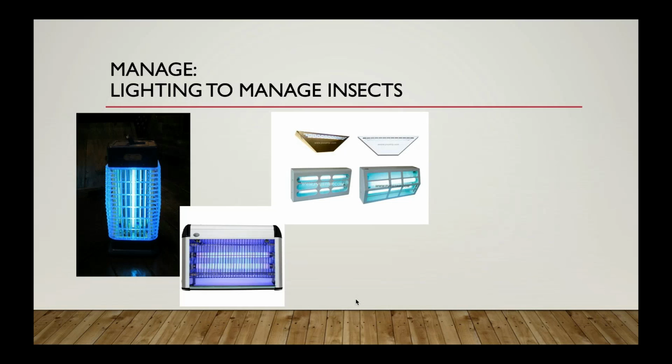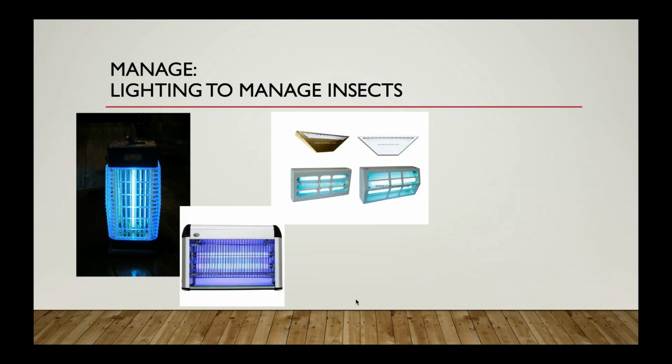And what it's been replaced with are insect lights that attract them, and the insect actually gets stuck on a sticky board. So these are particularly good in commercial environments, and they're fine around the house as well, no problem. You can put them around the house. But remember, they're attracting insects. So you can't just shove them anywhere, because you could attract insects to areas you don't want them.